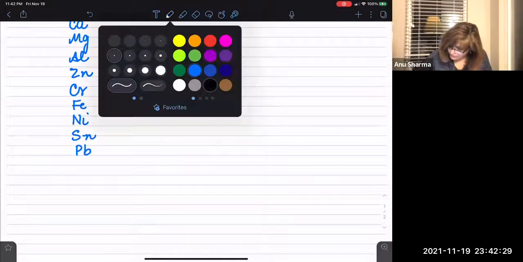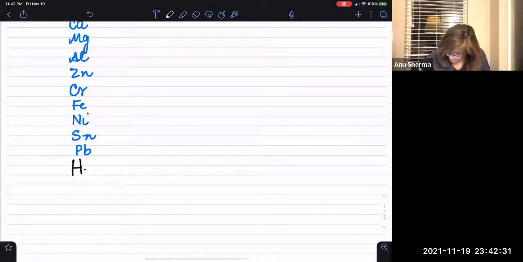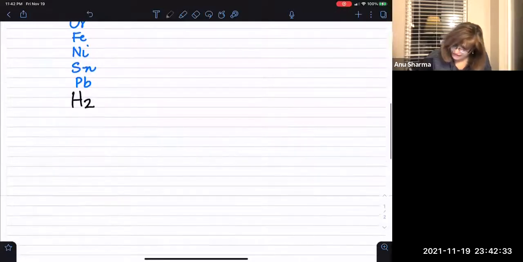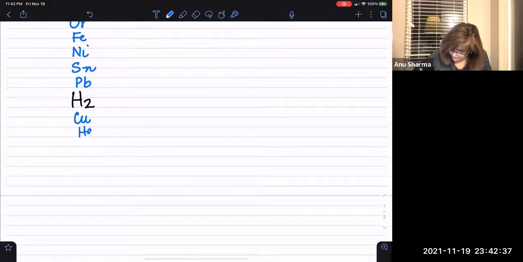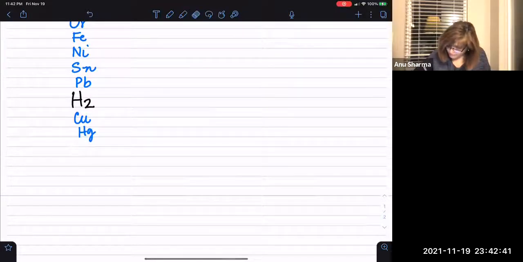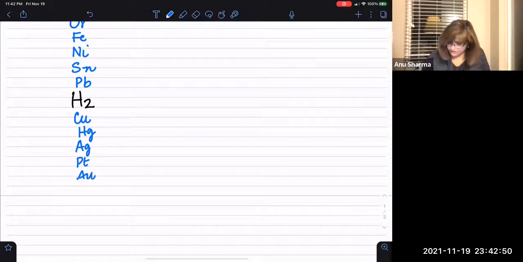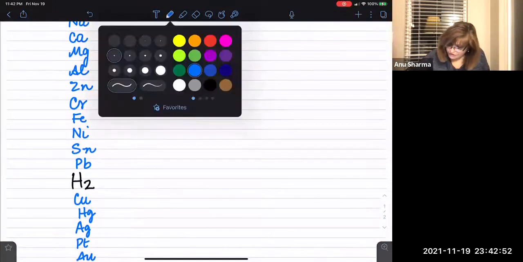And then all this is, then comes hydrogen. And then after that comes copper, mercury, silver, platinum, and gold.